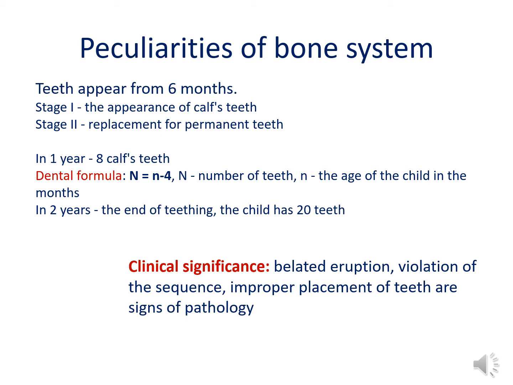For assessment of the number of baby teeth, doctors use a special dental formula, where the number of teeth is the age of the child in months minus 4. So at 2 years there should be 20 baby teeth. Belated eruption, violation of the sequence, and improper placement of teeth are signs of pathology.